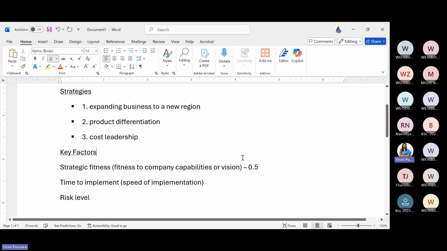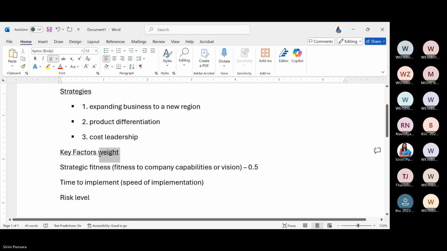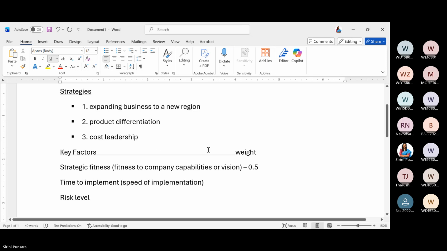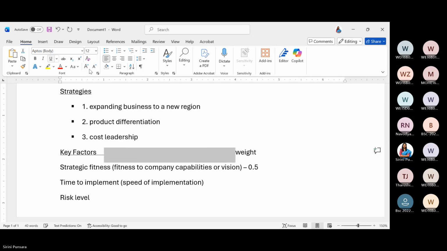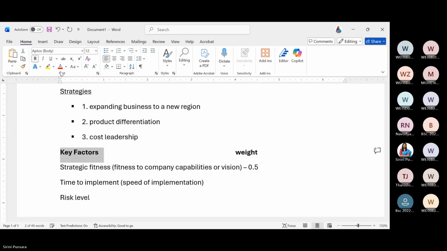These are weightages. These are the key factors. And this is the weight.